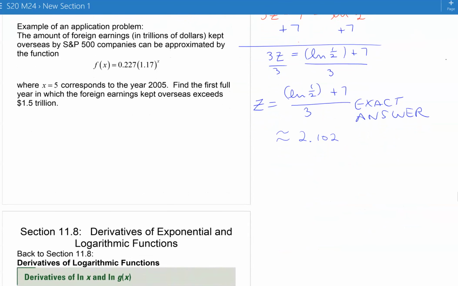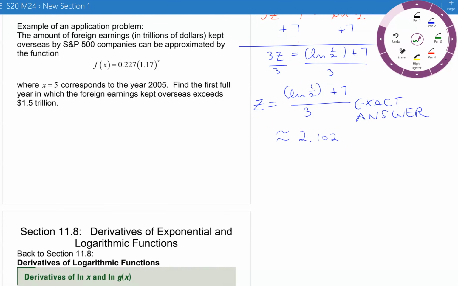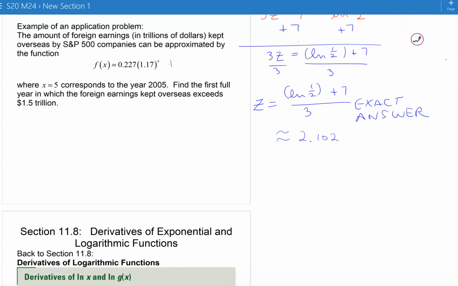Okay, so then I have an example of an application problem. And we have that the amount of foreign earnings in trillions of dollars that's kept overseas by S&P 500 companies can be approximated by this exponential function, where x equals 5 corresponds to the year 2005.